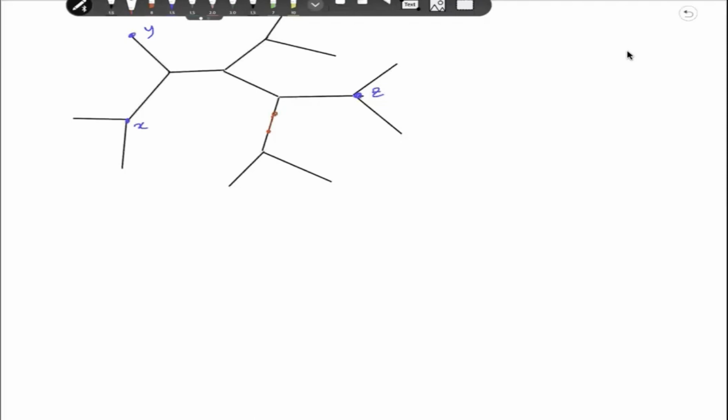And now if I take this point P and this point Q, there exists a unique path whose length is minimum joining P and Q. So how to get that path? Go from P to this vertex, then here like this.